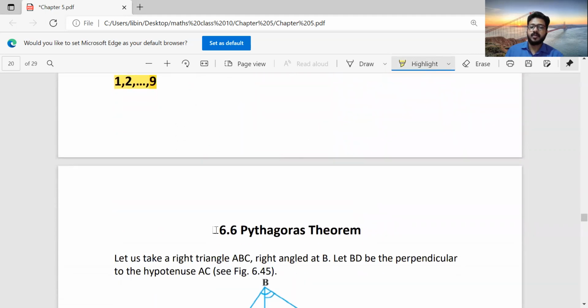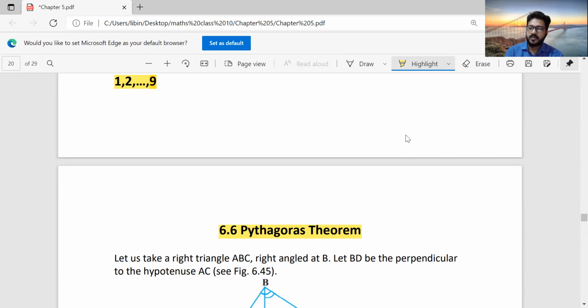So now we are going to see section 6.6, Pythagoras theorem. During the beginning of this chapter itself, we have seen what we will be learning in this chapter. Specifically, we have been told that we will be learning a proof for Pythagoras theorem.